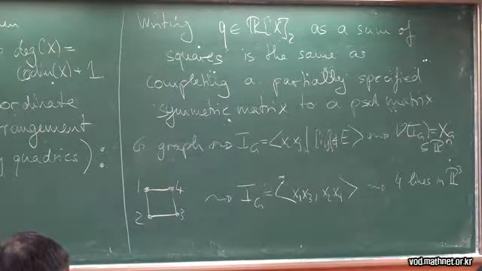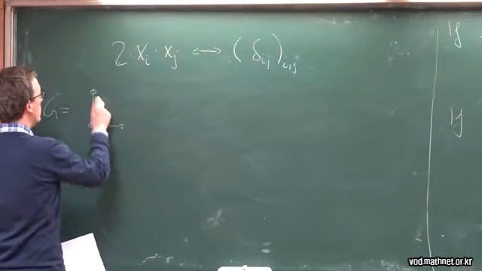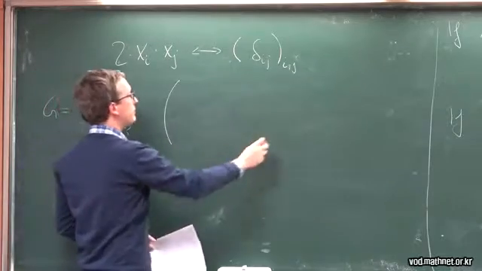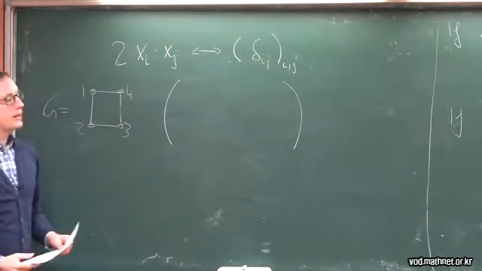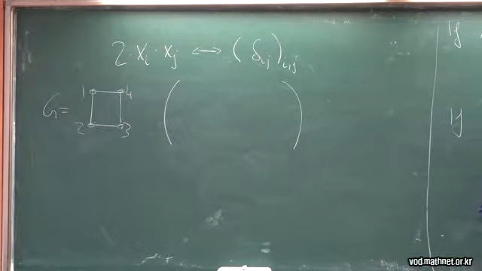So what happens in our example? If G is the 4 cycle, and I restrict the quadratic form to these 4 lines. If I restrict to this line, I will see a quadratic form that only involves the first 2 variables.